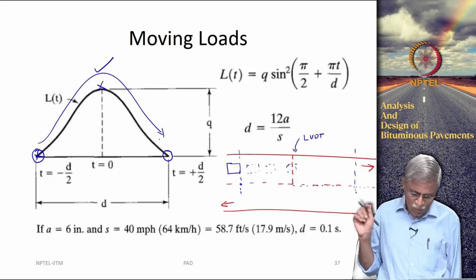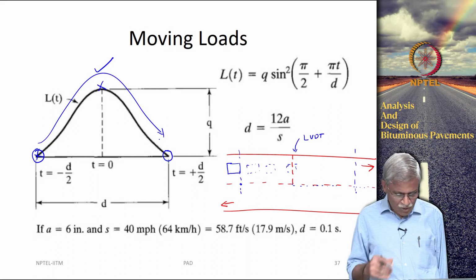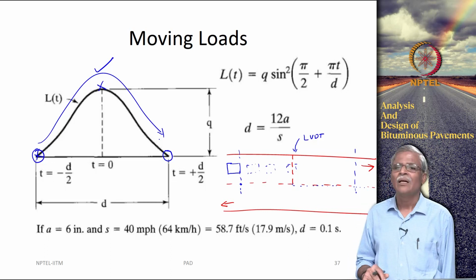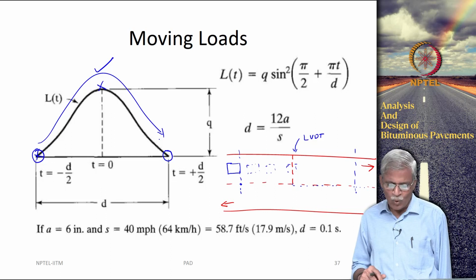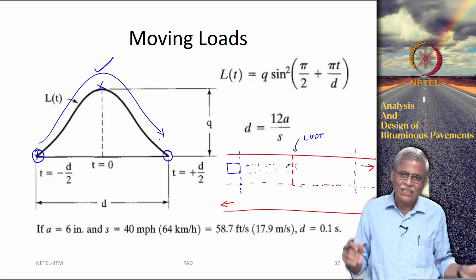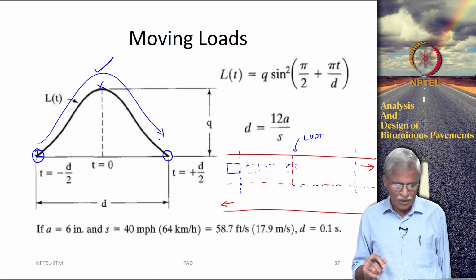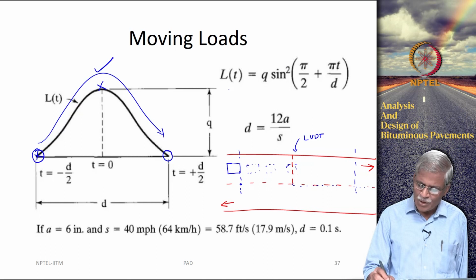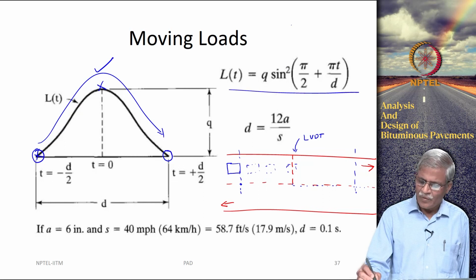Now what we really want to find out is how exactly the load is moving, what is the time period associated with it, and the distance, because that is very important for us. Normally, we can associate this variation with what is called the Haversine formula.